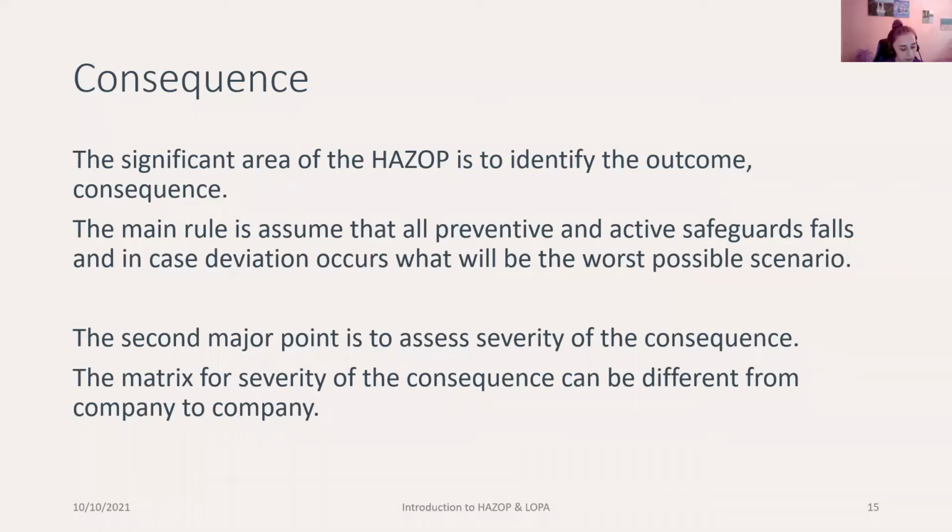Different companies use different risk ranking metrics. If you are working, for example, with BP, you know the well-known 8-by-8 risk ranking matrix. If you are working for another company, it gives you another risk ranking matrix.